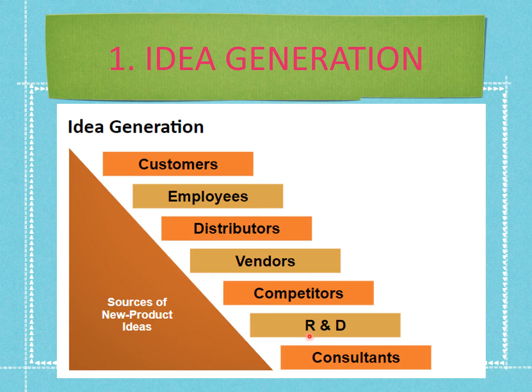Next, once you already know who could be the people that can provide the ideas, you might want to ask them: what should we produce? Especially customers. Of course, customer is number one. You want to ask your customer, what do you want, so that I can produce a new product for you.